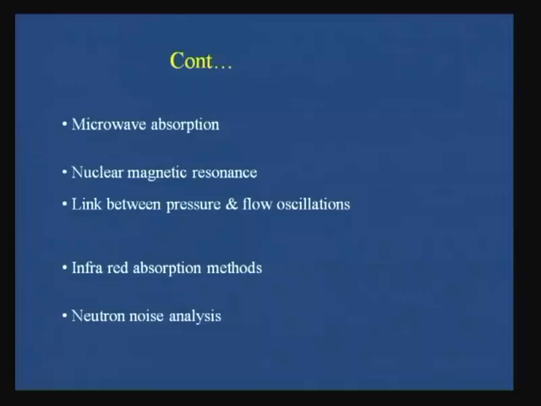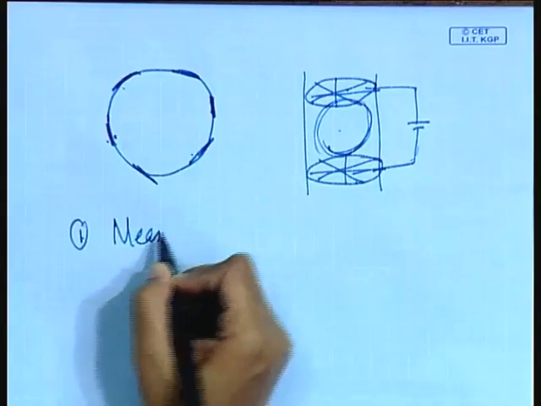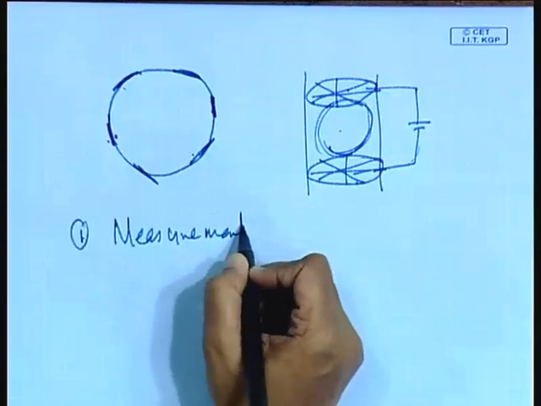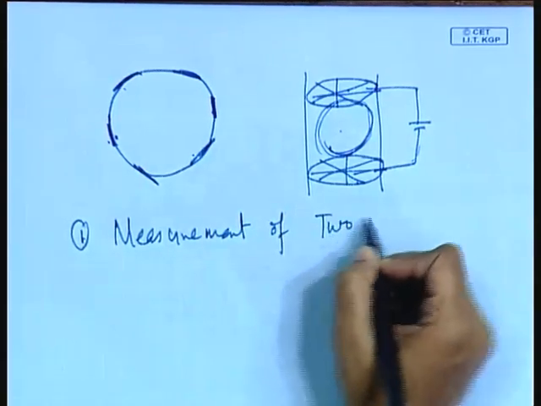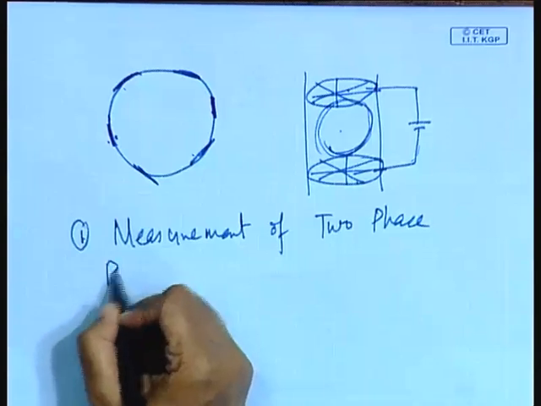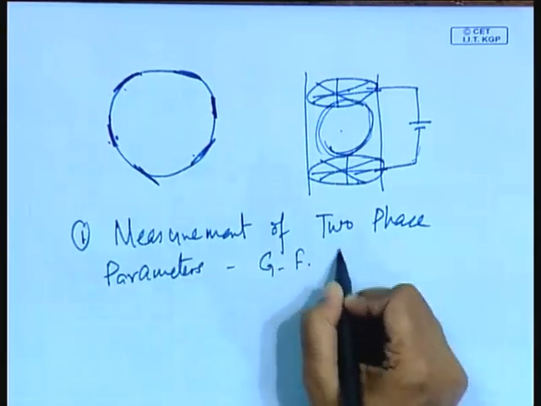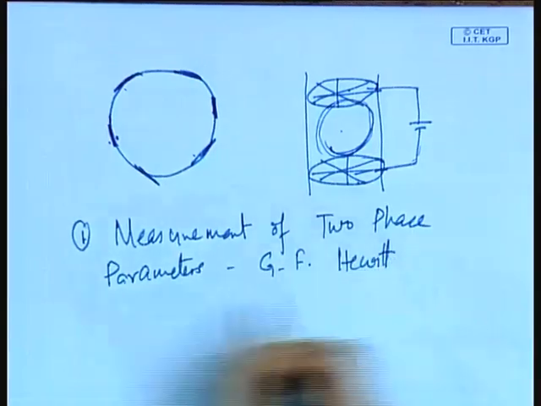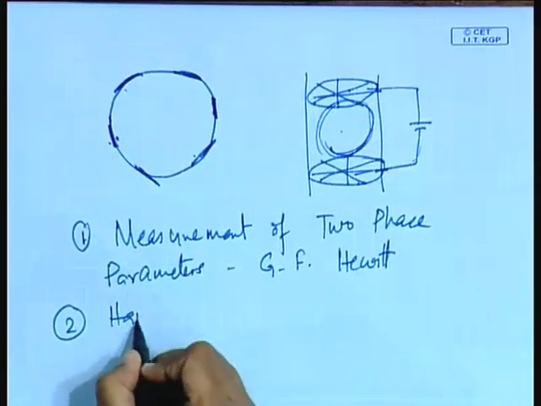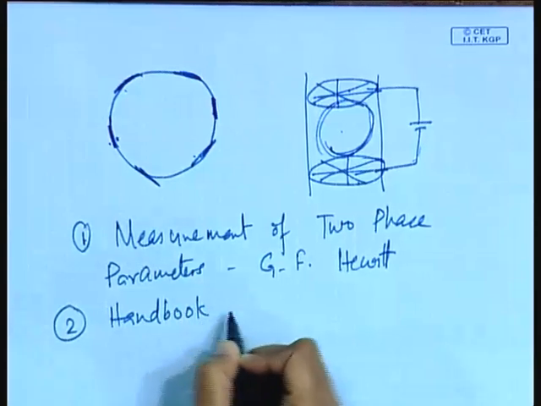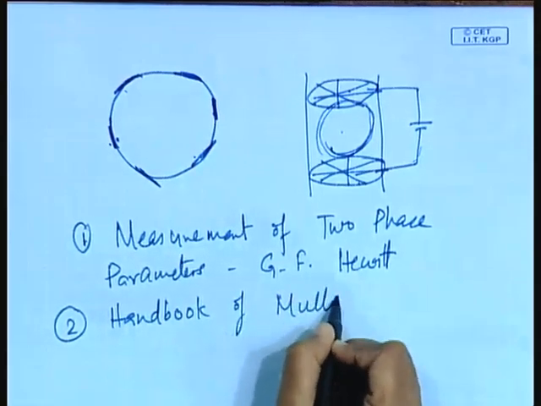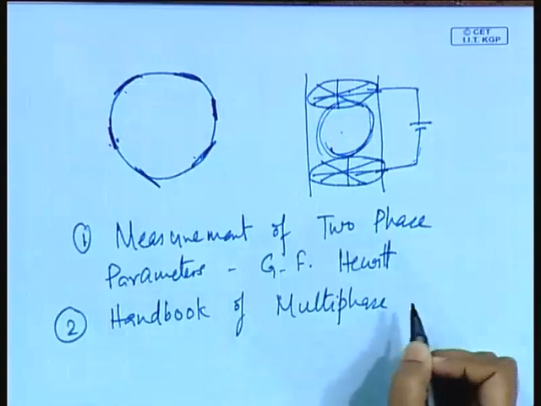Now, remember this microwave, these details you can get from the book by G.F. Hewitt. It is Measurement of Two Phase Parameters. Whatever you do not understand, you can come to me. And another book is also there in the library, you can go through this, because in exams more or less you will be getting logical questions from here.